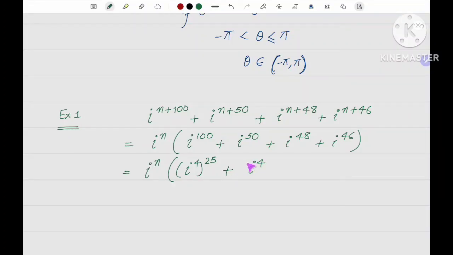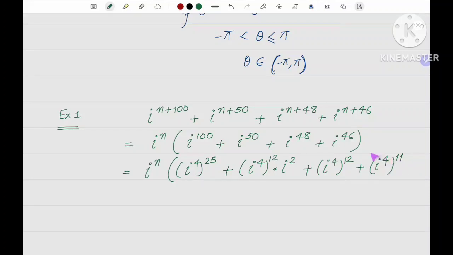Okay, this I can write as i to the power 4 to the power 12, then 12 into 4 becomes 48. So how many i's are remaining? 2. So I can write i square. Plus i to the power 48 is i to the power 4 to the power 12, plus i to the power 4 to the power 11.